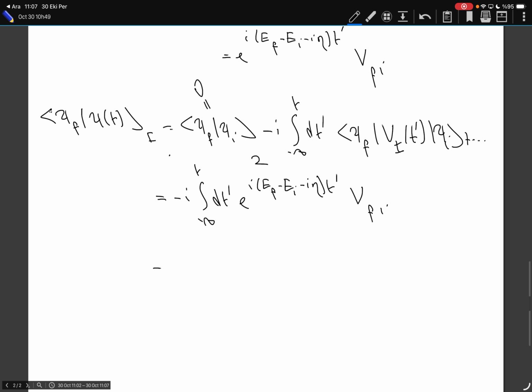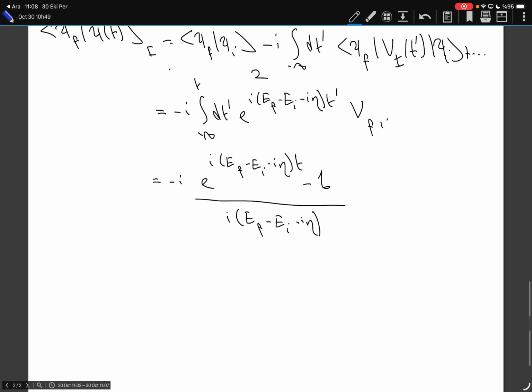And that integral is minus i, e to the power i (E final minus E initial) minus i eta t, minus 1, divided by i (E final minus E initial) minus i eta. So these will also cancel.